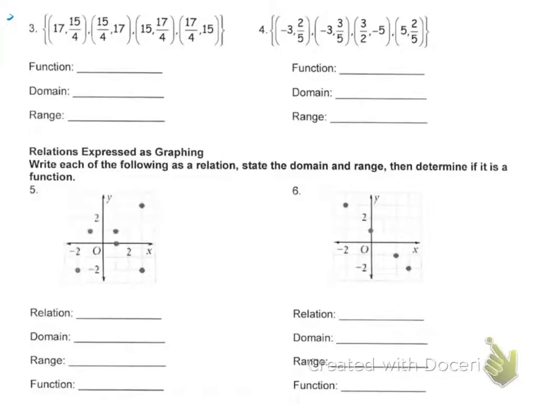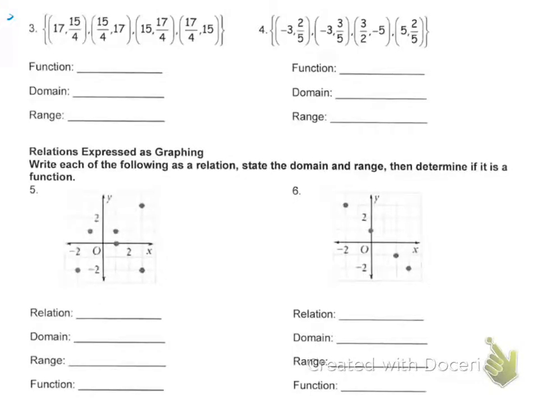So this is how I tell if it's a function or not. I look at all the x values that are going in. A 17, a 15/4, a 15, and a 17/4. Do they repeat themselves? Does it repeat an x value going in? In this case, it's all different x values going in. That means they all can go to whatever points they want.